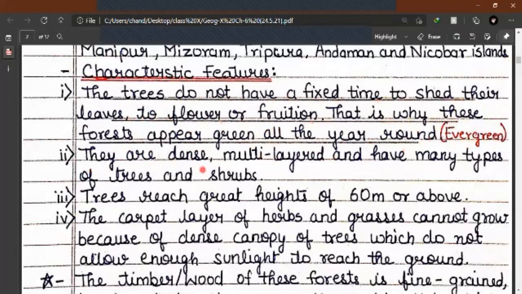Second, they are dense, multi-layered, and have many types of trees and shrubs. Number three, trees reach great height of 60 meters or above. And number four, the carpet layer of herbs and grasses cannot grow because of dense canopy of trees which do not allow enough sunlight to reach the ground.